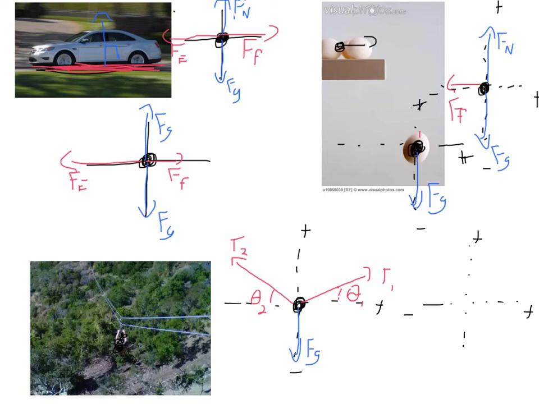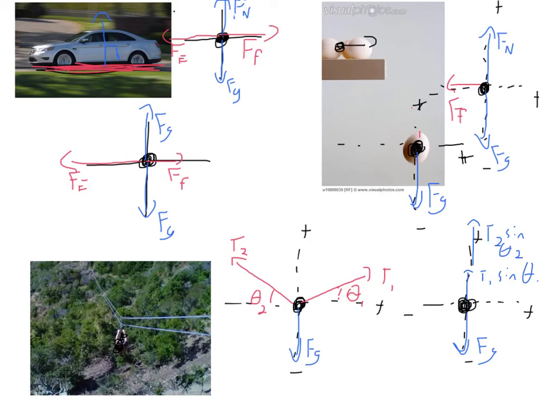So positive, negative. I have force of gravity going down, Fg. Let's come back in and put my point mass here. Fg coming down. Then I'm going to divide these vectors at angles into components. So in the y-axis, I have T1 sine theta 1, and also going up T2 sine theta 2, right?